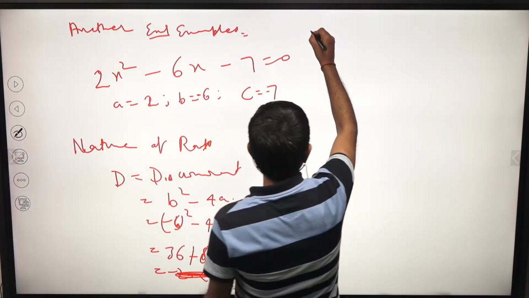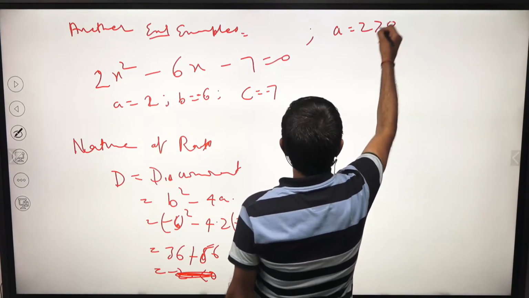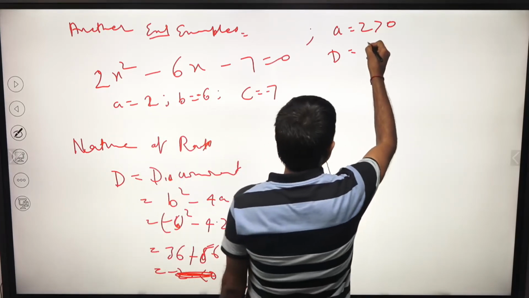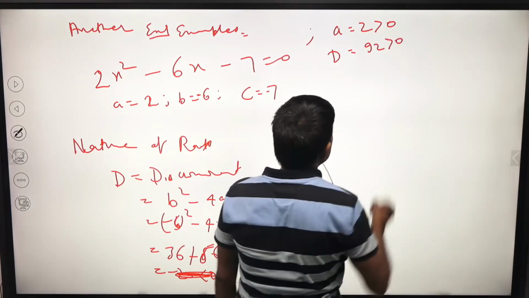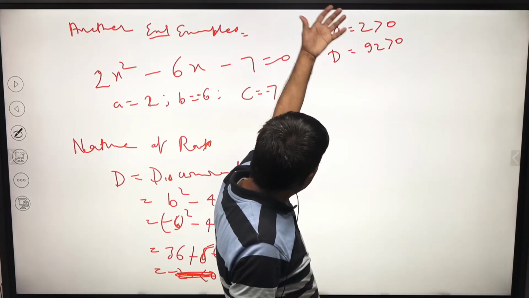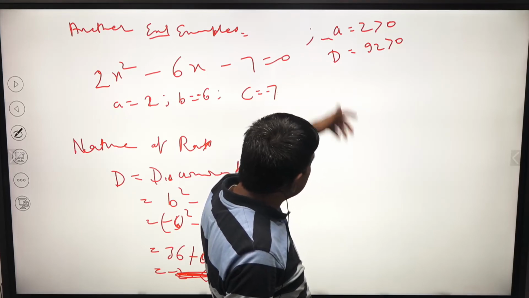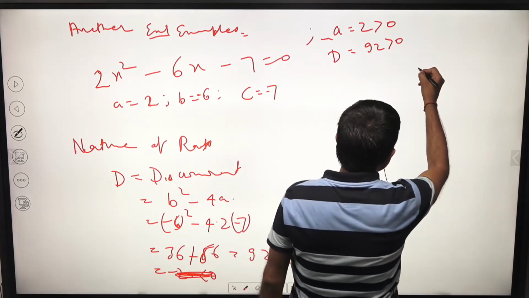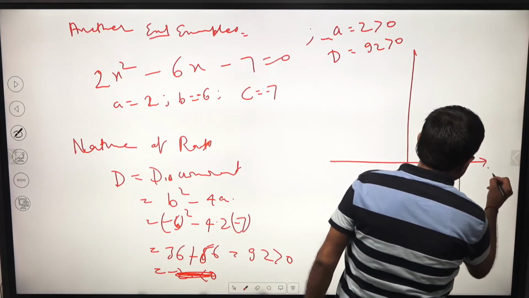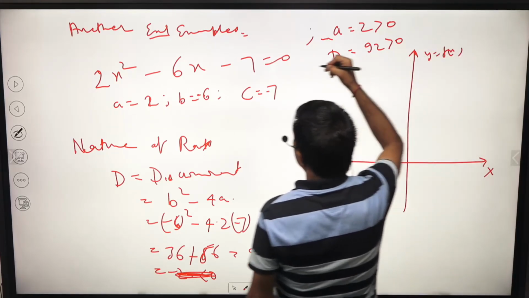That means we have a is equal to 2 greater than 0, and d is equal to 92 greater than 0. So the curve of these equations opens upward, and d greater than 0 means this intersects the x-axis. This is x-axis, this is y is equal to f of x. This is the polynomial form.